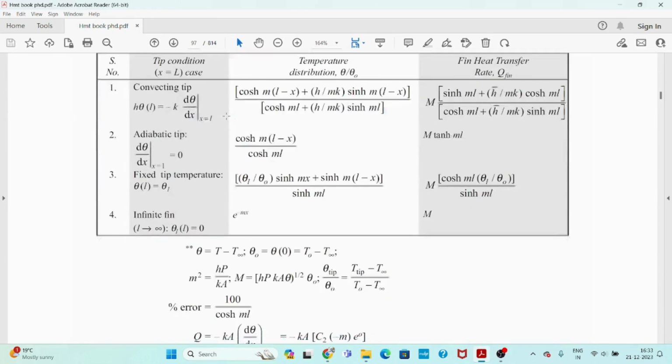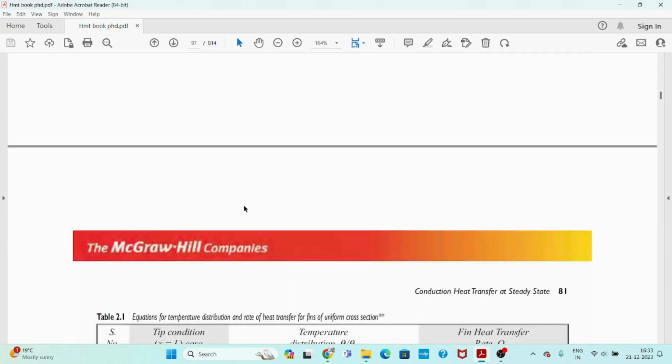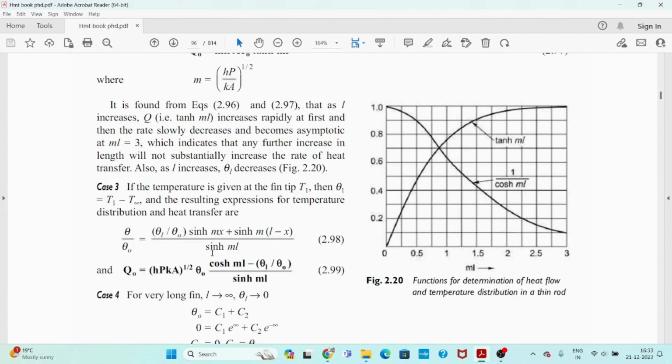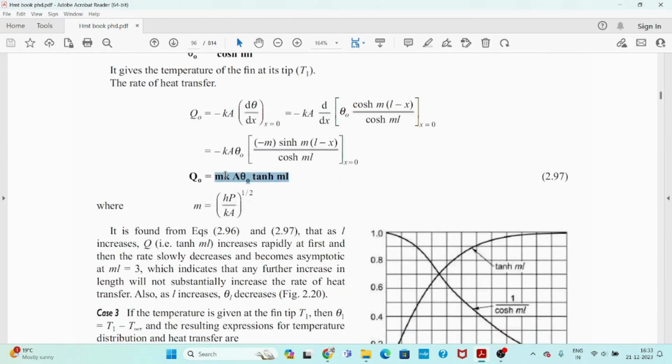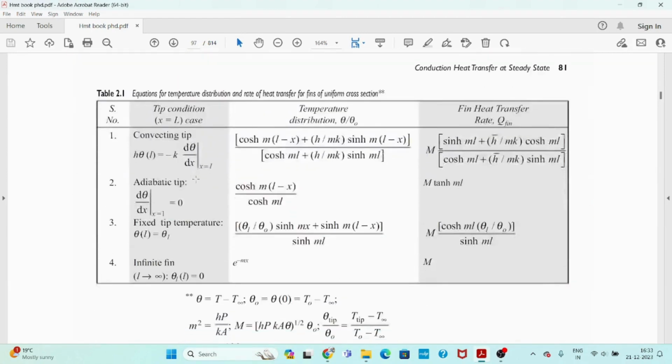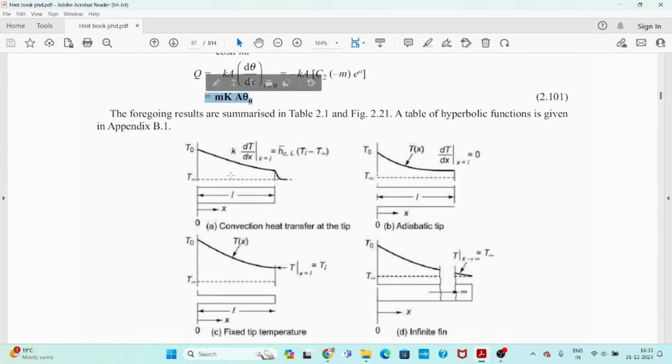And then Q and theta for an infinitely long fin. These two, this and this, where this is 2.97 and that is 2.101. These two are important. If you can remember these two, you will be able to solve the question.